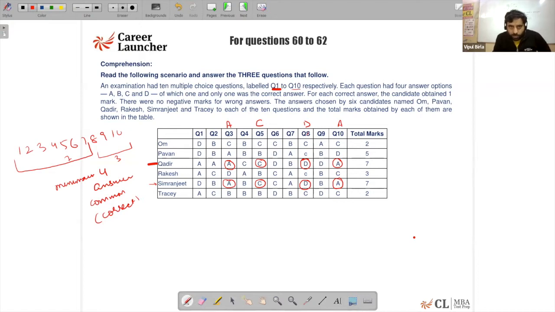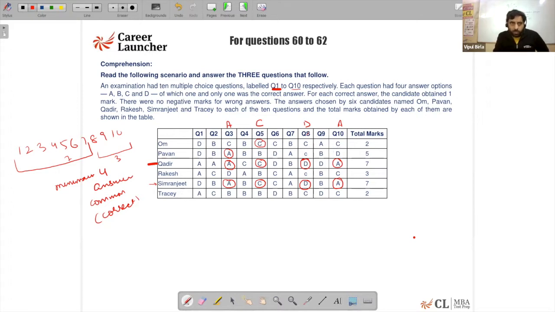So if question number 3, A is the right answer, so Pawan has done it right. Similarly, for question number 5th, Om has done it right. Question number 8, no one except these 2. Okay. Question number 10th is the correct answer, so no one. Okay.